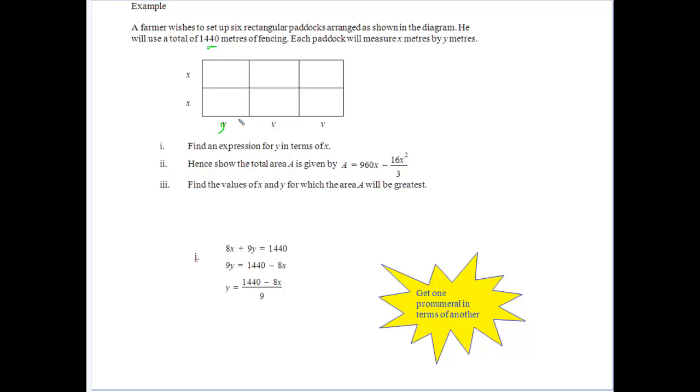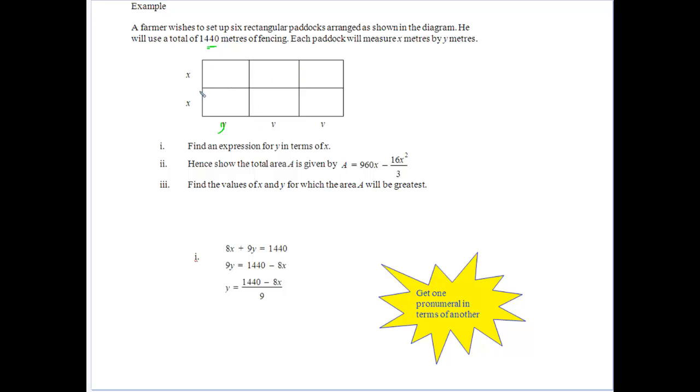We can only differentiate with respect to one variable. So the first thing we need to do is get one pronumeral in terms of the other. It doesn't matter whether you get x in terms of y or y in terms of x. A lot of times the problem will describe that for you. So get y in terms of x. We know the 1,440 meters of fencing is all these lines here, which works out to the perimeter as well as these inside lines.